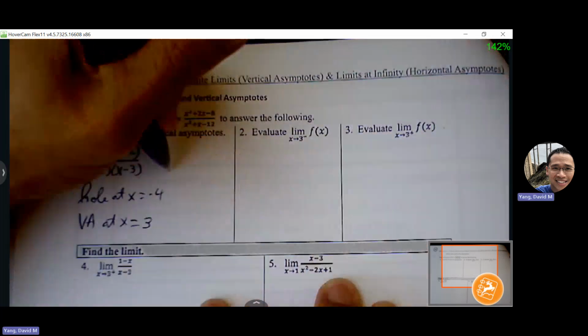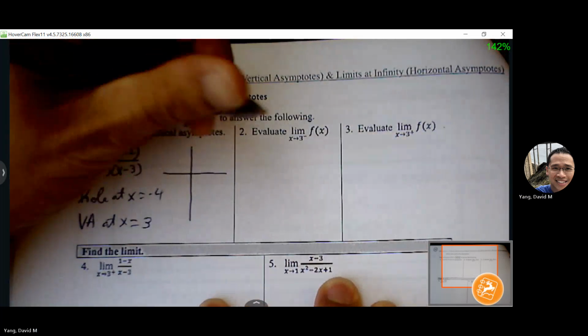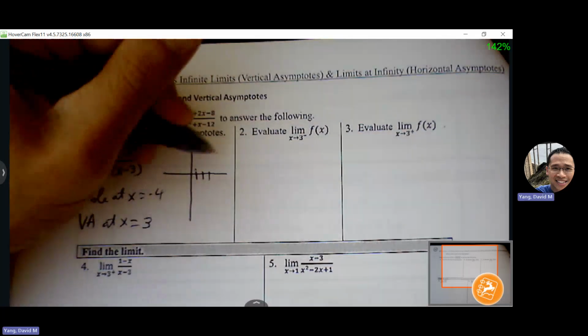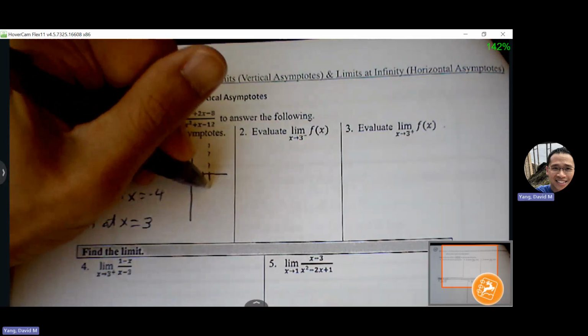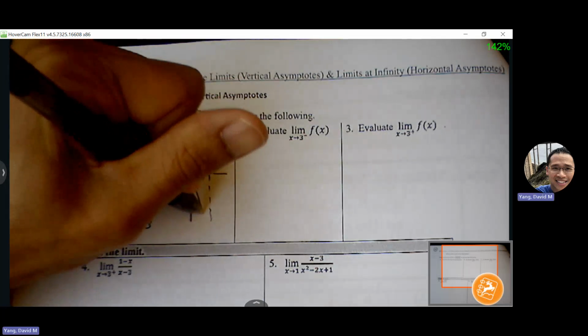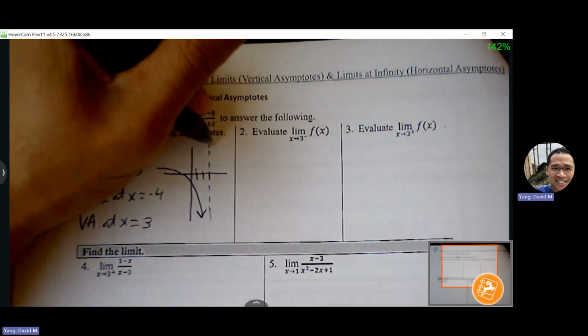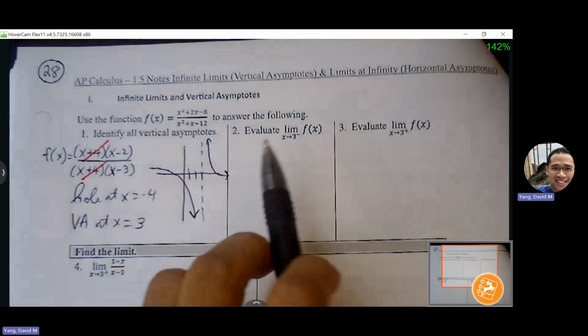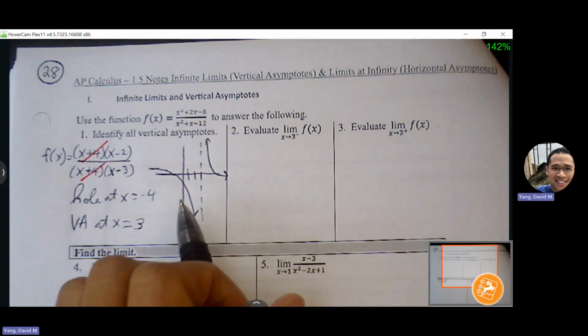Okay, so the graph actually looks something like this. And we're going to have to do this without a calculator, or evaluate without a calculator. But I just want to show you, just for visual purposes. So let's say the graph was in front of you.